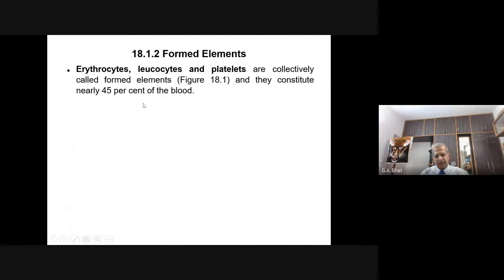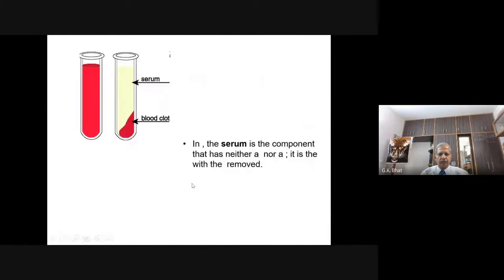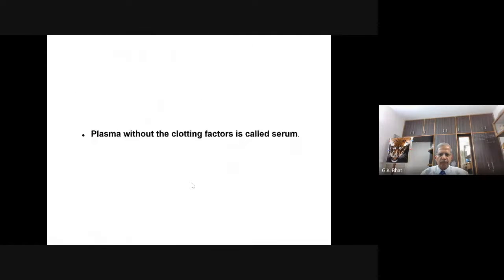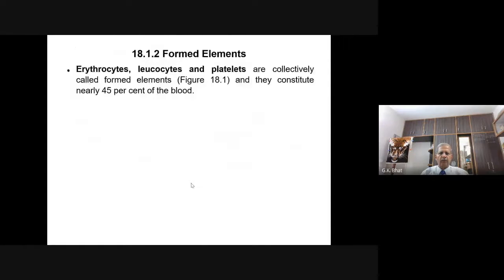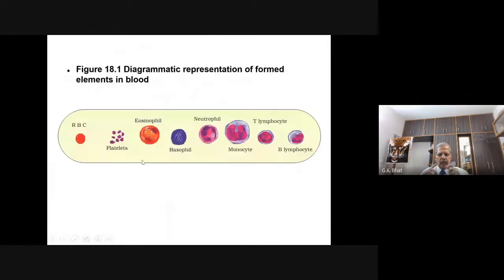Let us study these one by one. Look here: red blood corpuscles, blood platelets, thrombocytes. Here you have eosinophils, basophils, neutrophils, monocytes, and lymphocytes.